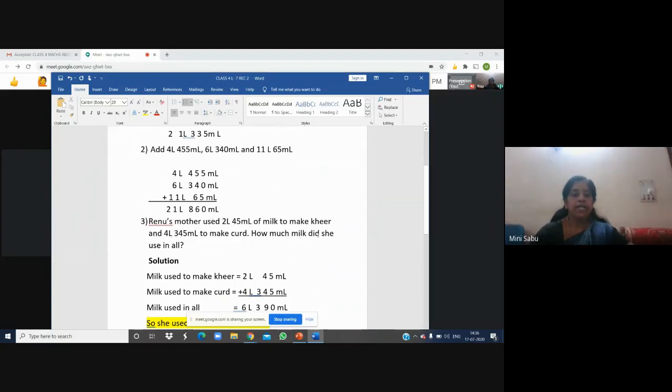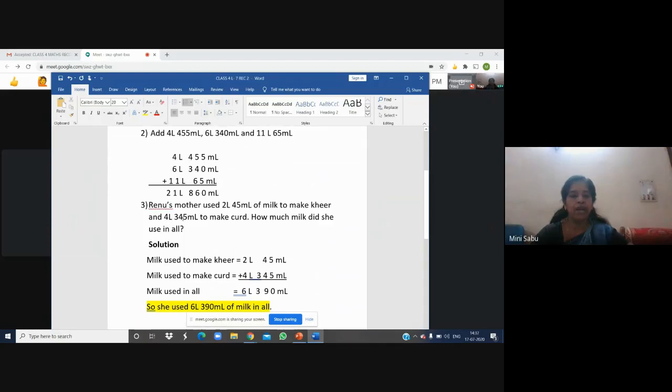How much milk did she use in all? You might have understood, how much milk she used in all means you have to add these two quantities. You have to add this 2 liter 45 ml with this 4 liter 345 ml.